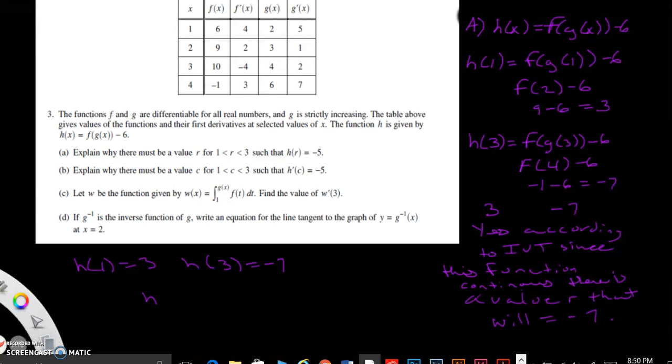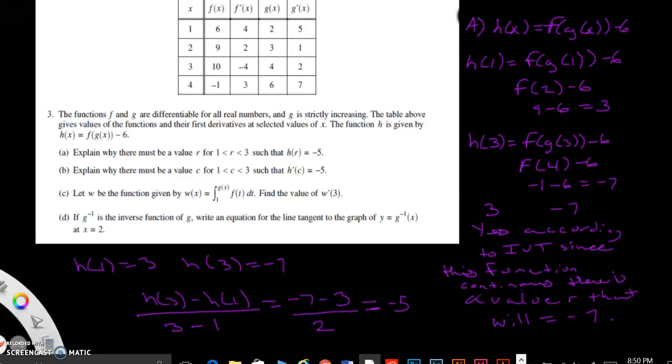So now we could do h of 3 minus h of 1 over 3 minus 1, so we have -7 minus 3, all over 2, equals -10 over 2, which is -5.